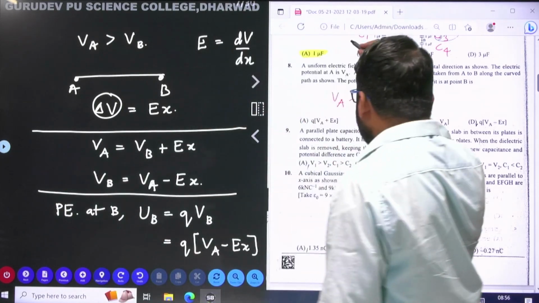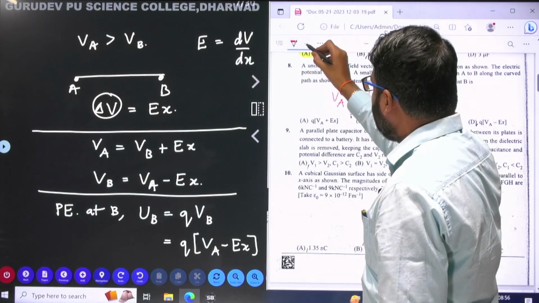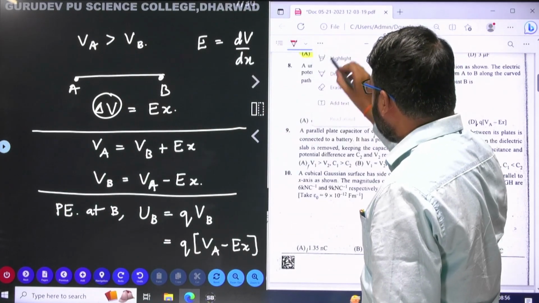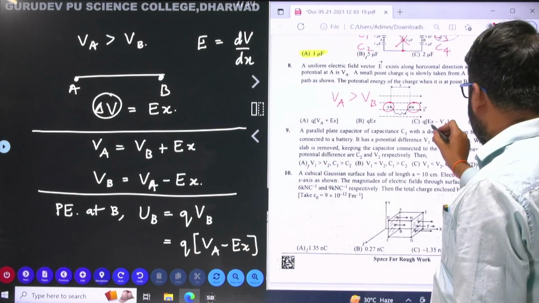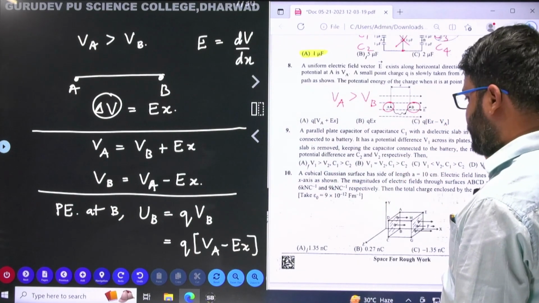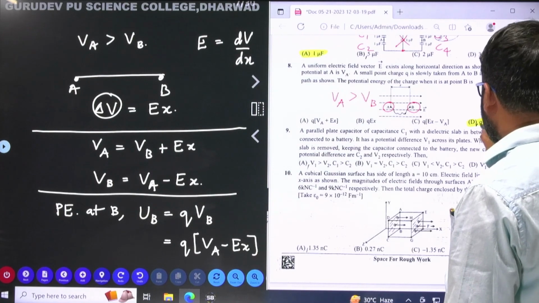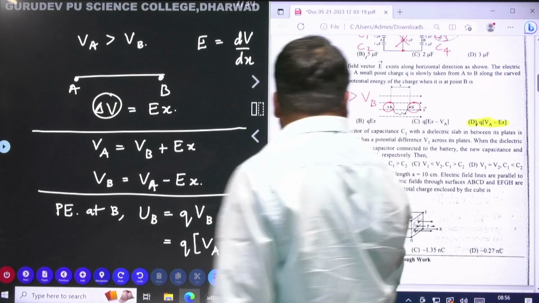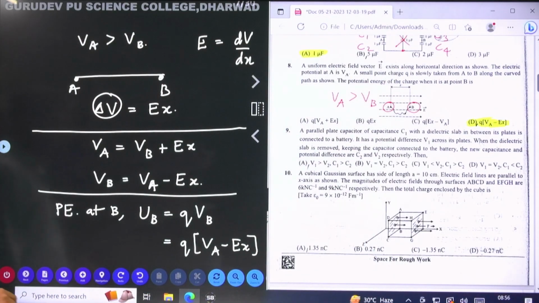So I think you have found the right option for this. It is option D: Q in the bracket VA minus EX. This is the right option for it.